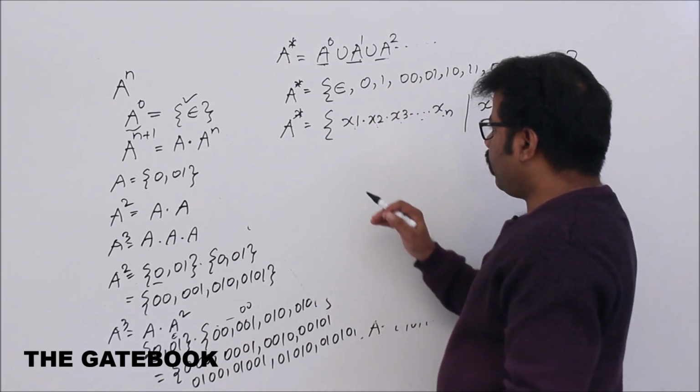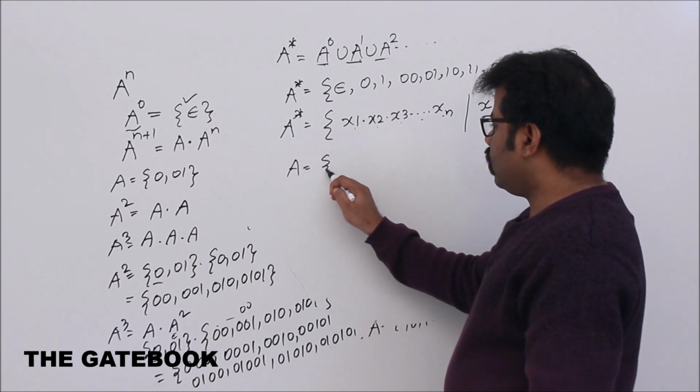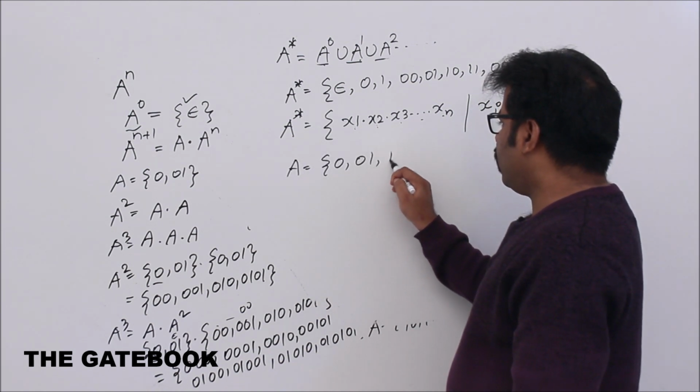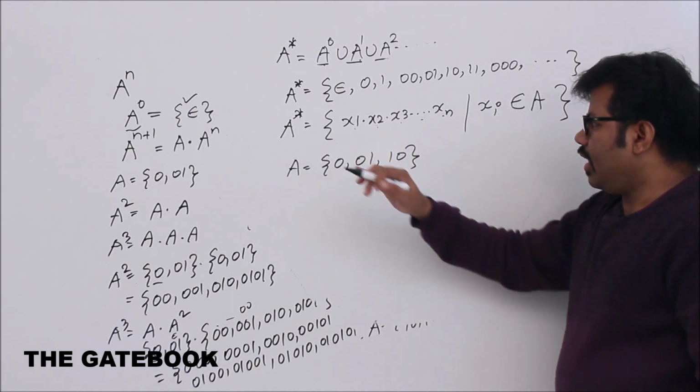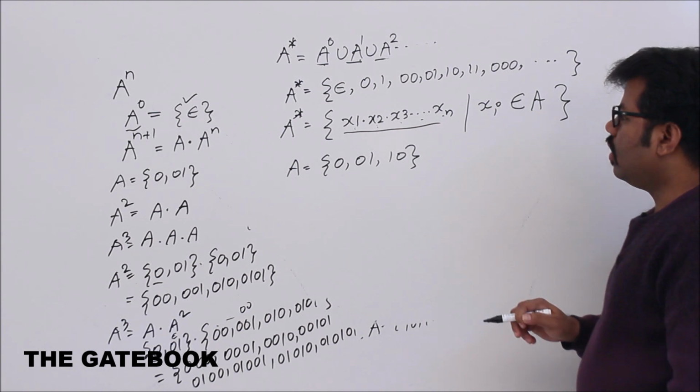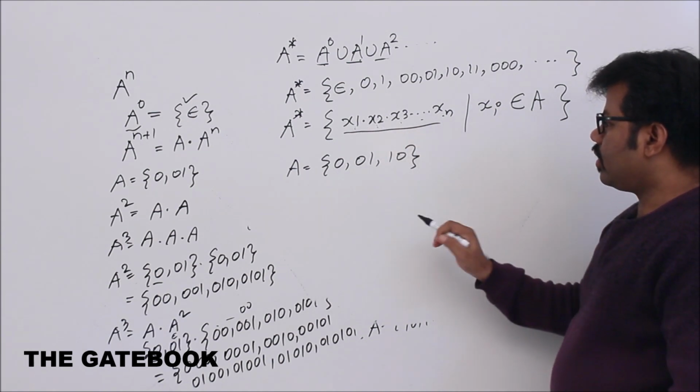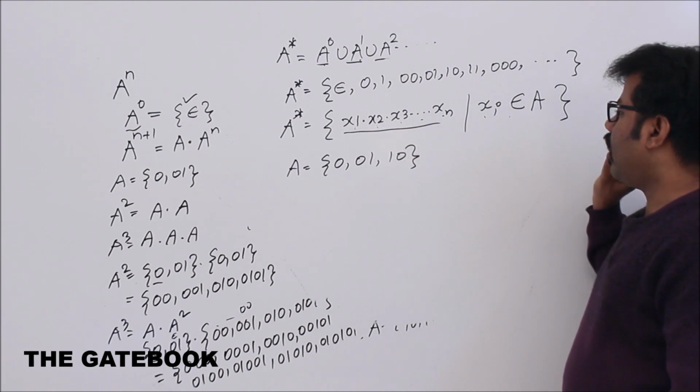For example, if A equals {01, 10}, I'm defining A star with respect to this definition. Each xi should belong to A, that's it.